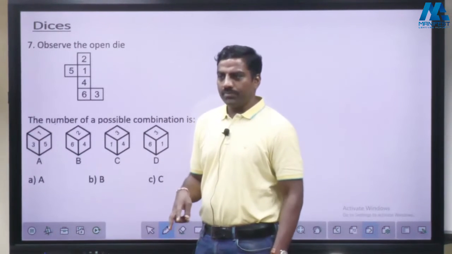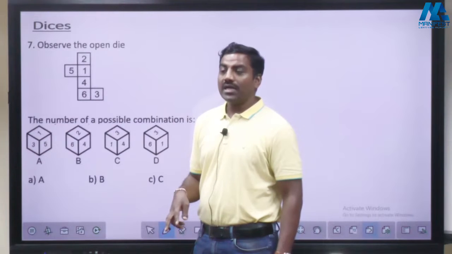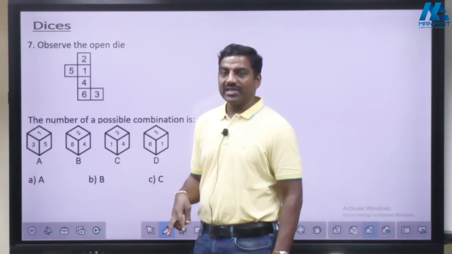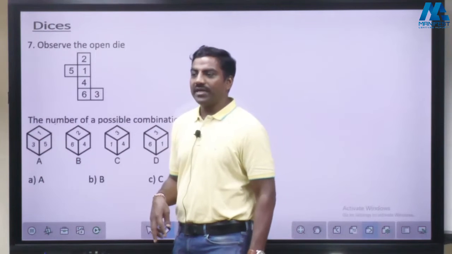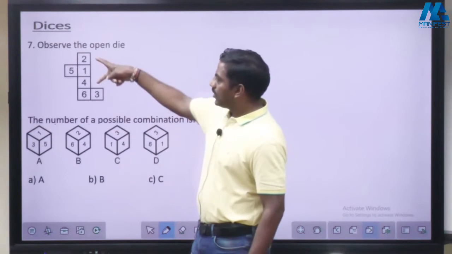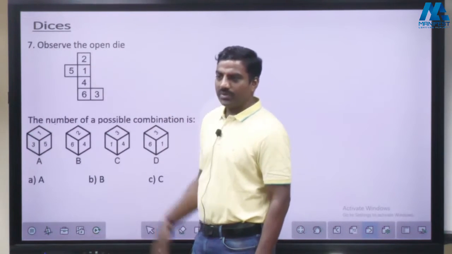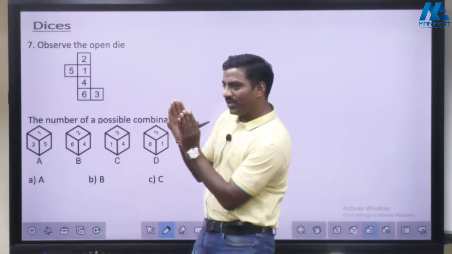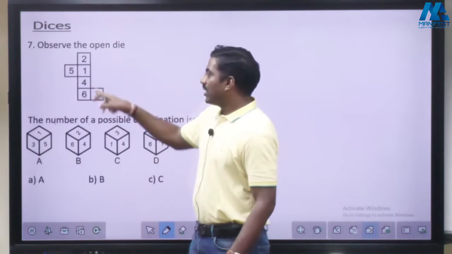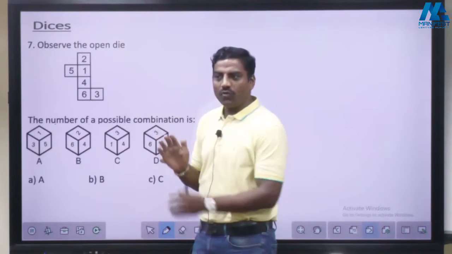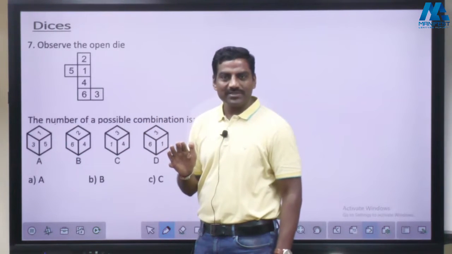In that strip, consider the alternate squares. Which are alternate here? 2 and 4. Can you fold them as opposite faces? Yes. 1 and 6. Can you fold them as opposite faces?